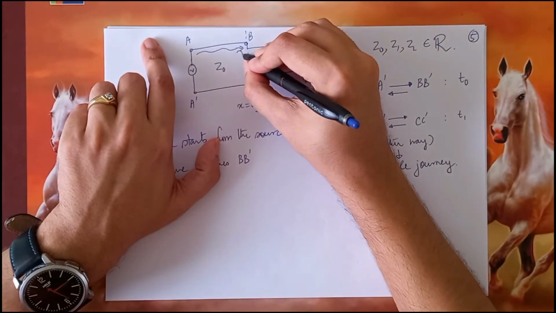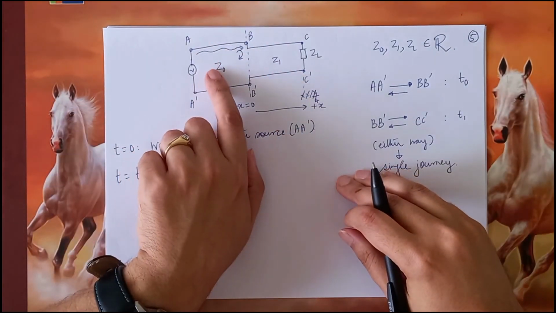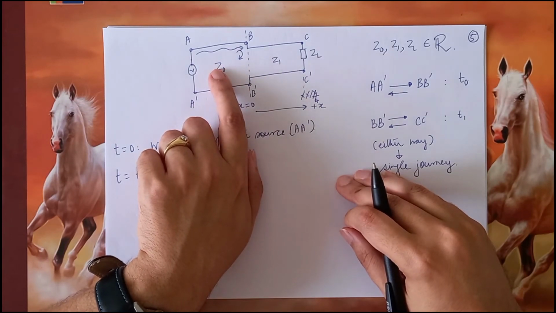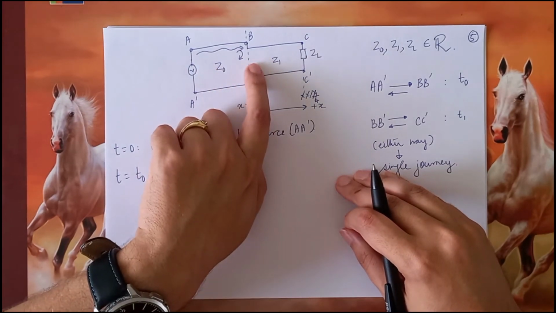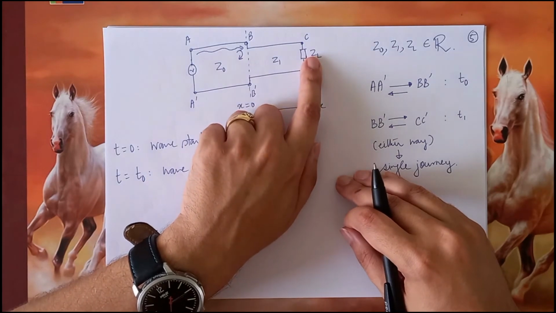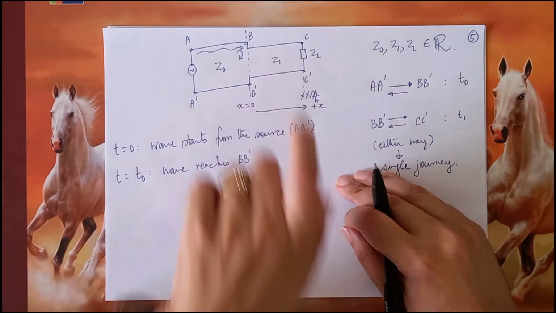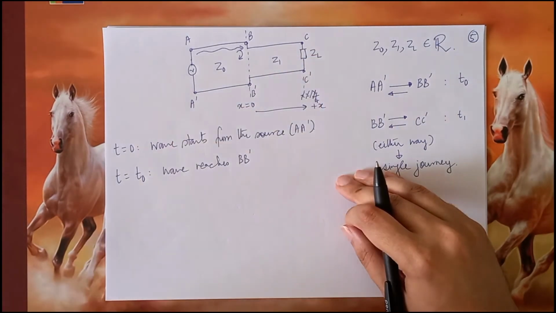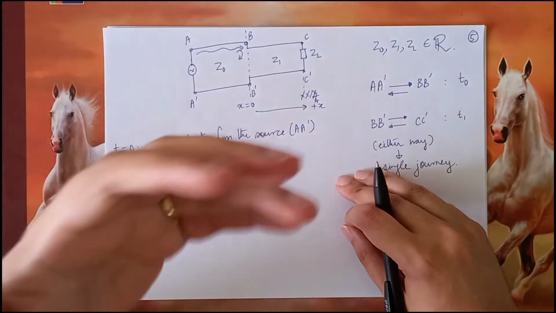So therefore some reflection will happen, because it is now so far in Z0 and crossing into this next line but has not reached the load. It will see an impedance equal to Z1, because that is what the definition of characteristic impedance is.